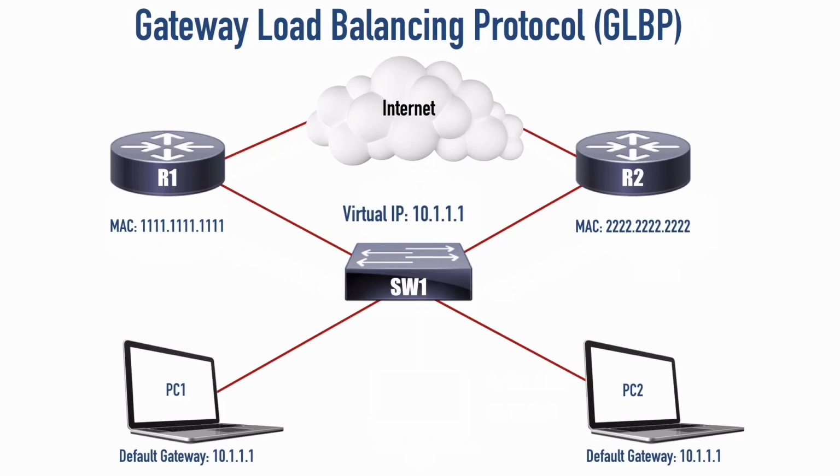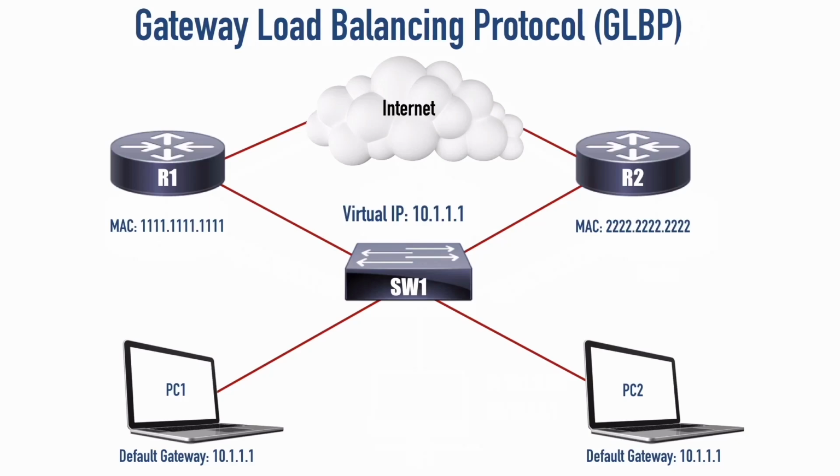And what if PC2 pointed to R2 as its way out to the internet? Now, they're both pointing to the same default gateway. They're both pointing to 10.1.1.1, but what if they pointed to different MAC addresses? Maybe PC1 pointed to the all1's MAC address. That's R1. PC2 pointed to the all2's MAC address. That's R2. That would give us, in addition to redundancy, load balancing.